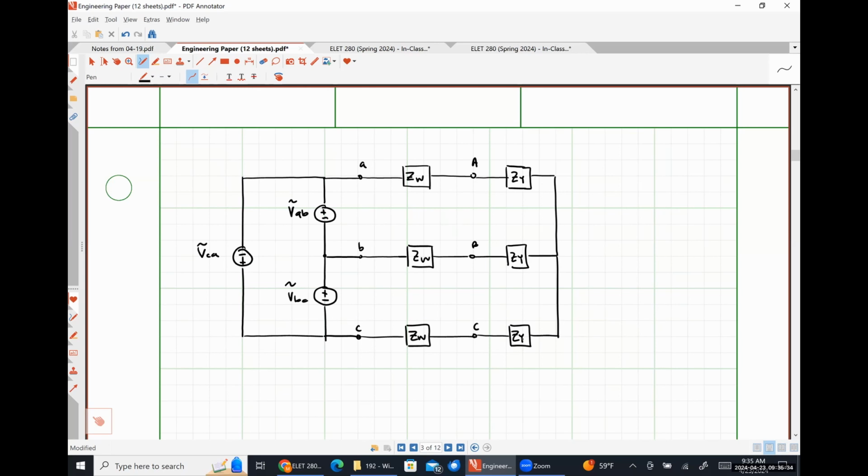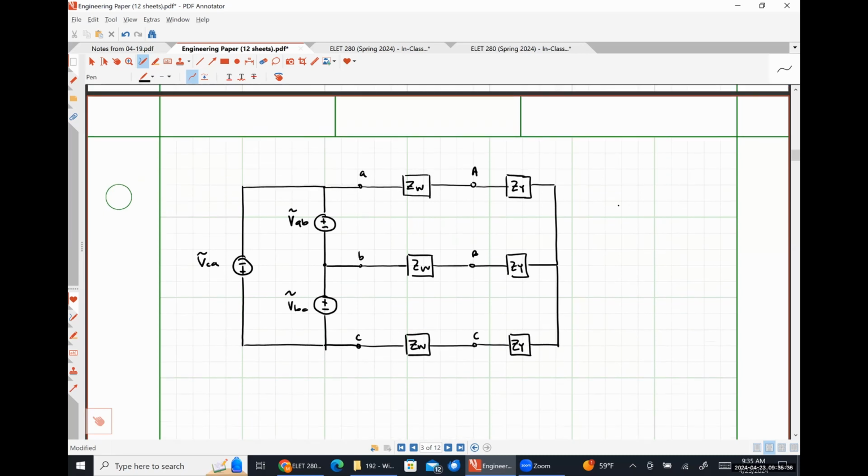Let's say that VAB is equal to 400 angle 0 degrees volts RMS.